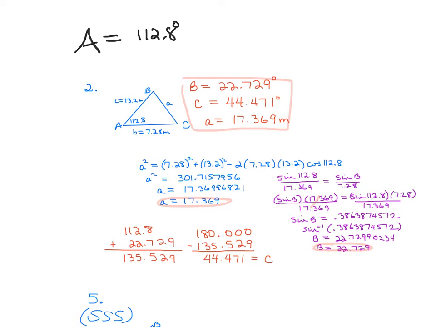Then they'll have little b equals 7.28 meters, and then little c, lowercase, 32.2 meters. So when it's the lowercase, it's the side length.